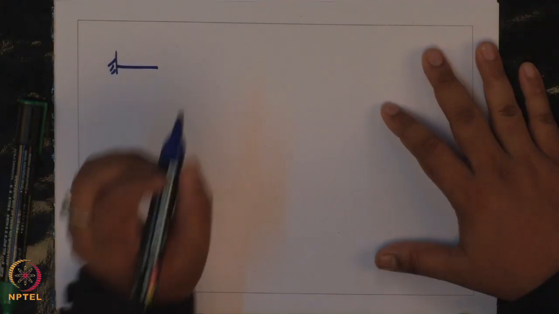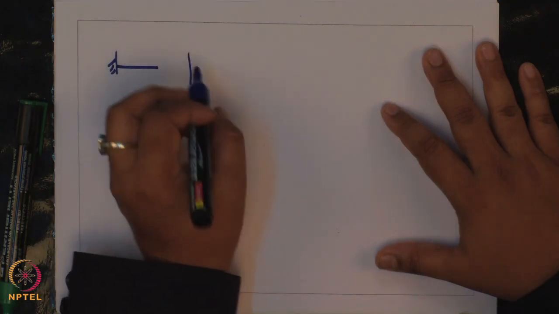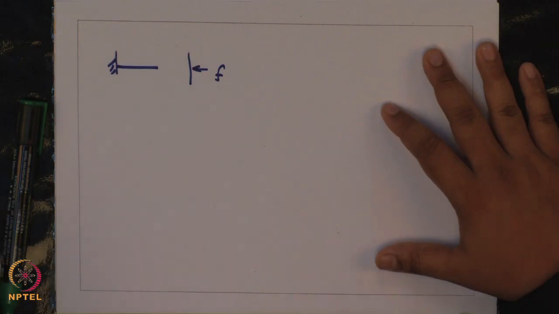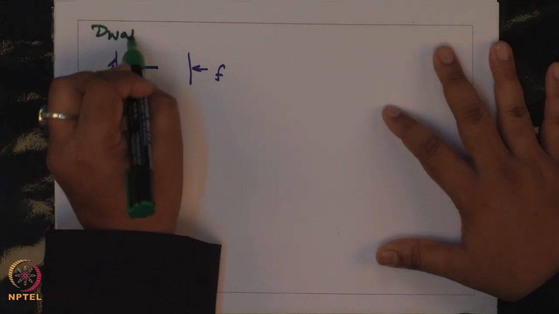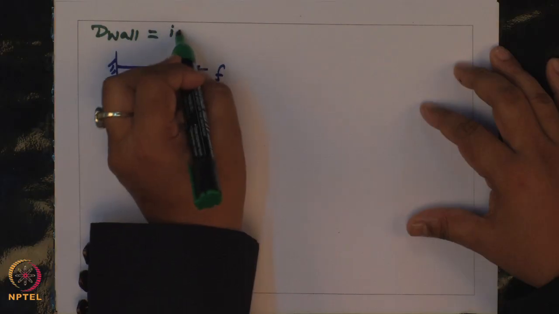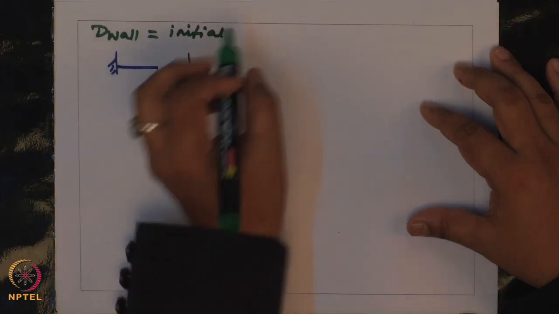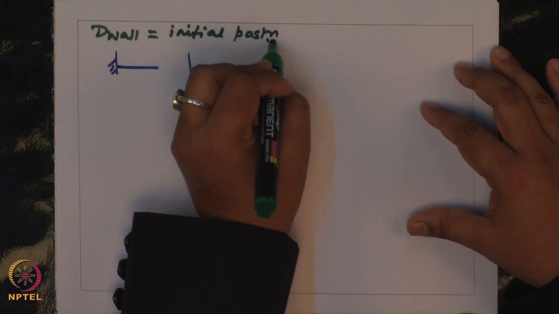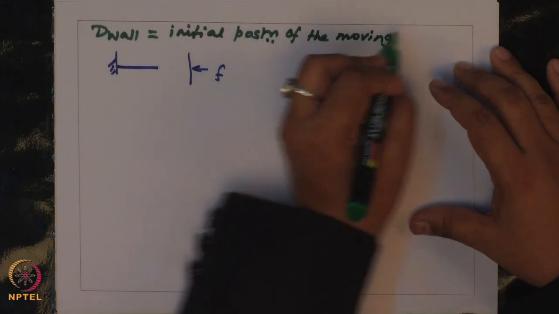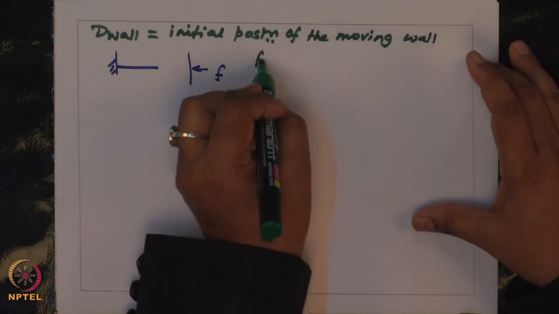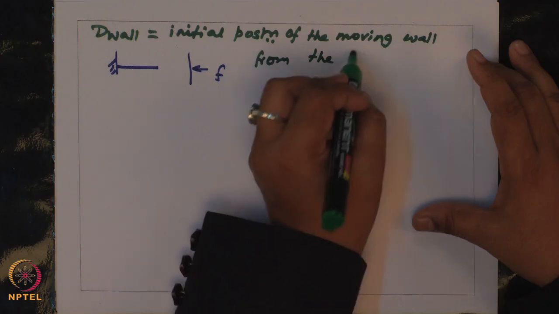Now let us see how the force velocity relationship will look for a network. You have two length scales here. One is d_wall, which is the initial position of the moving wall from the fixed wall.